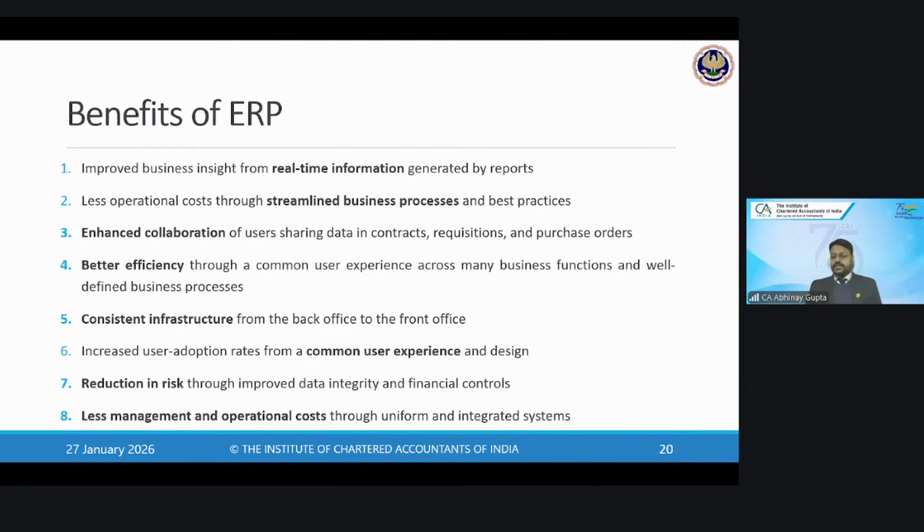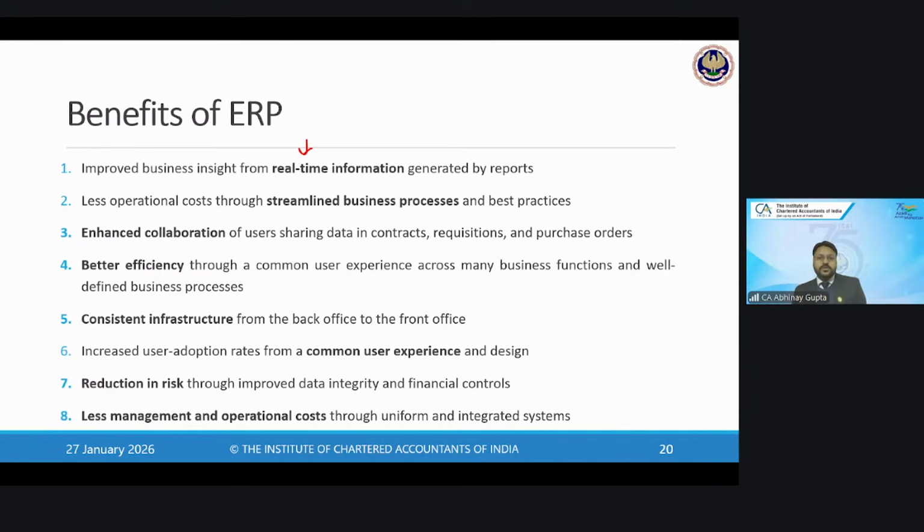So what are the benefits of the ERP? Real-time information. The very first benefit of the ERP is real-time information. Suppose the CFO of the company wants to know what sales the company has achieved until yesterday. They can simply log into the ERP and see the sales numbers, right?